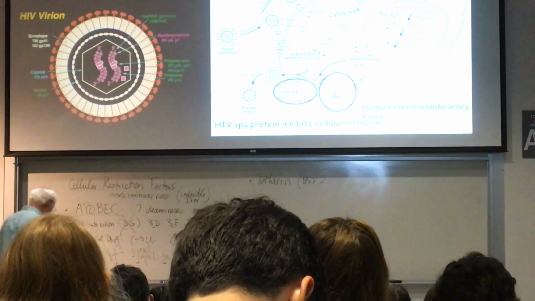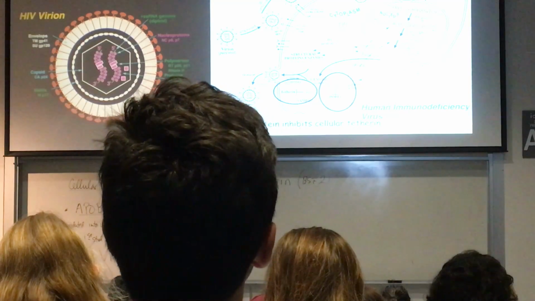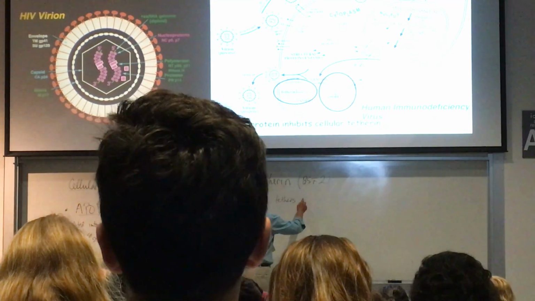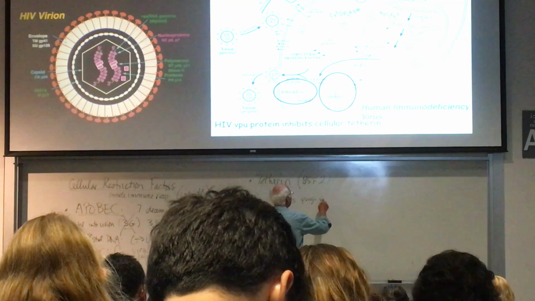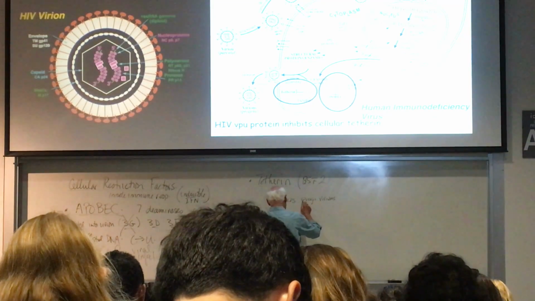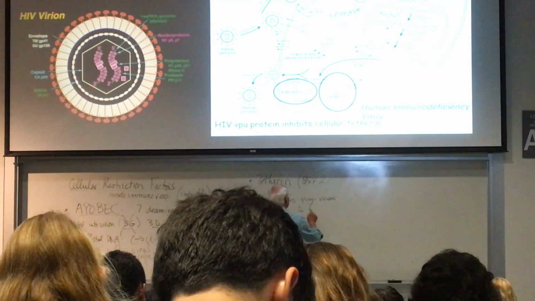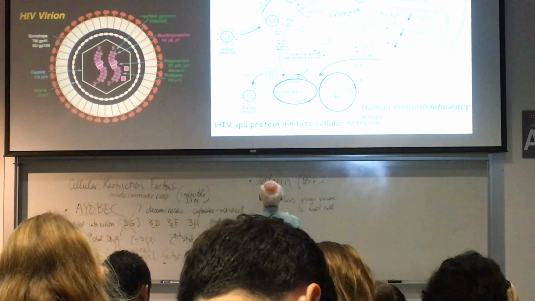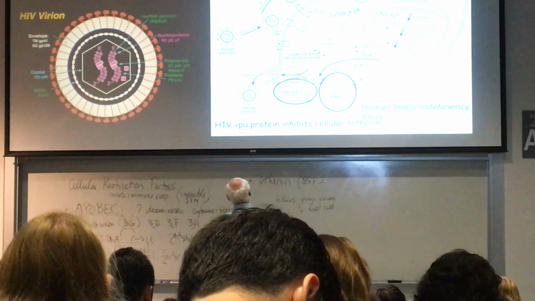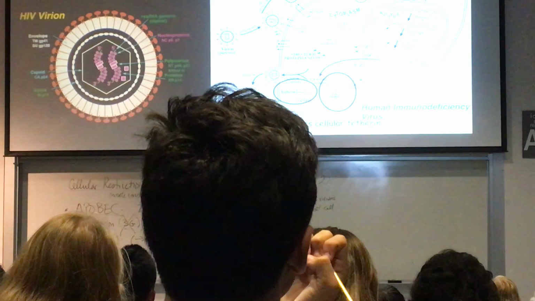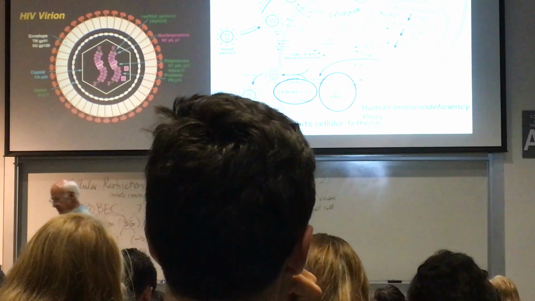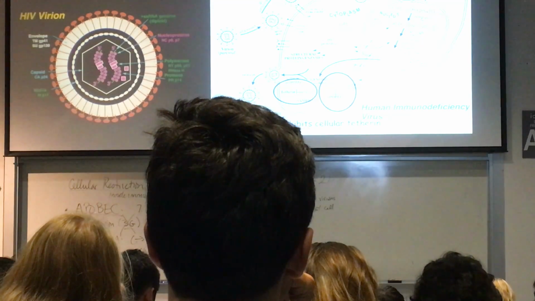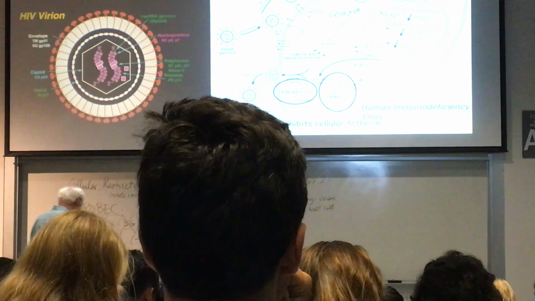So the tethering protein essentially tethers the progeny virions to the host cell. So when the virions are being produced and would normally bud, they're not released from the cell. They're stuck to the cell by virtue of the interaction between the virion and BST2 or tethering.